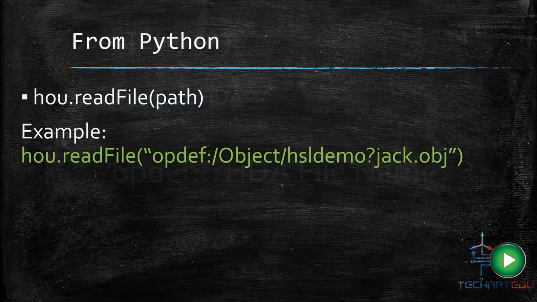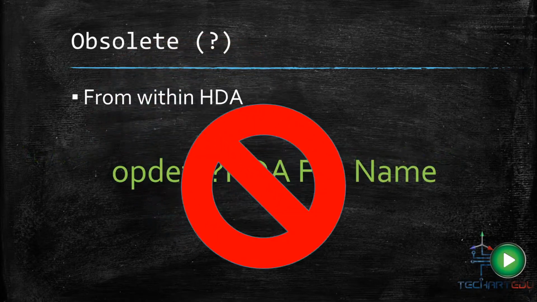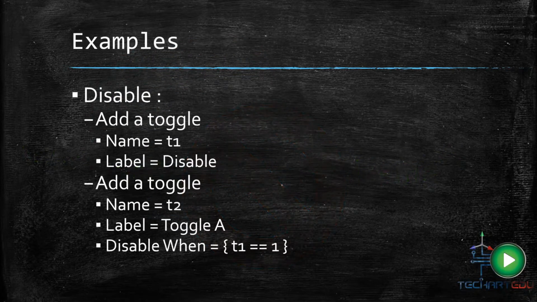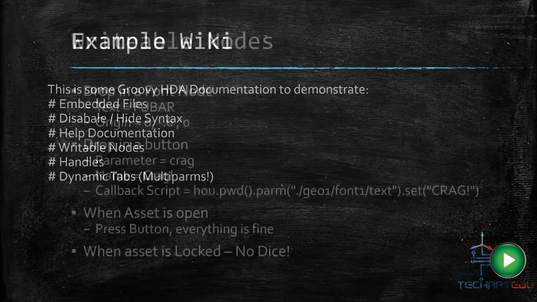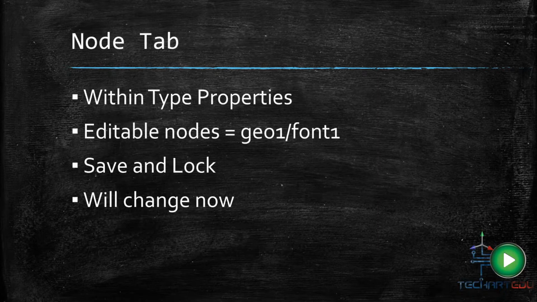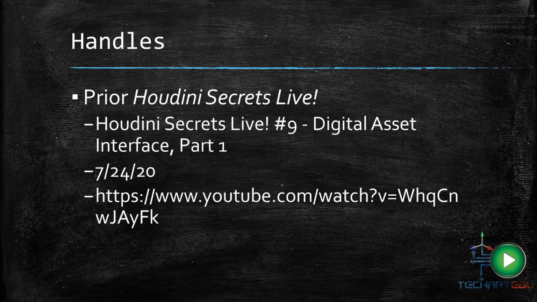But I realized, and this shows you how much of a brain fart I'm currently working on here, that back in Houdini Secrets Live number 9, this is number 15, so that would have been 6 weeks ago, we did Asset Interface Part 1, and the date of that is 7/24, and here is the actual link to the YouTube channel.